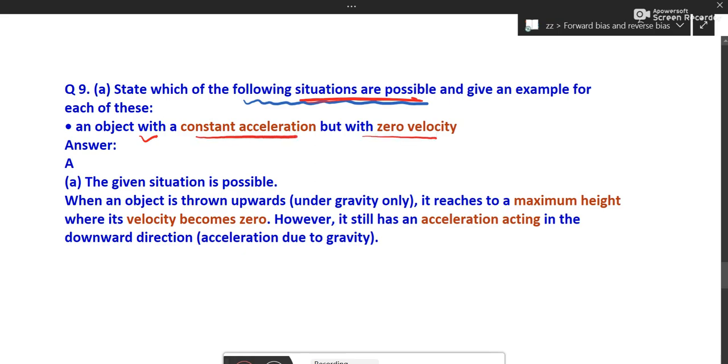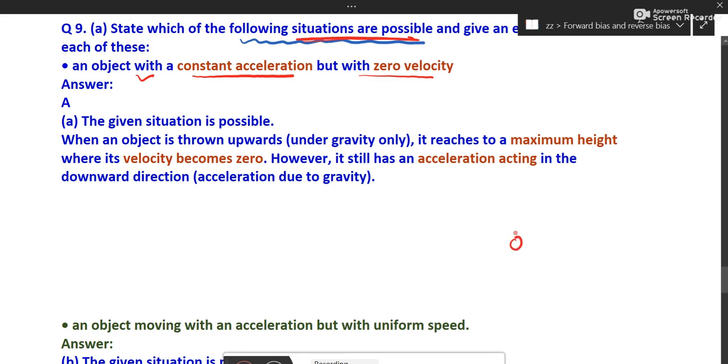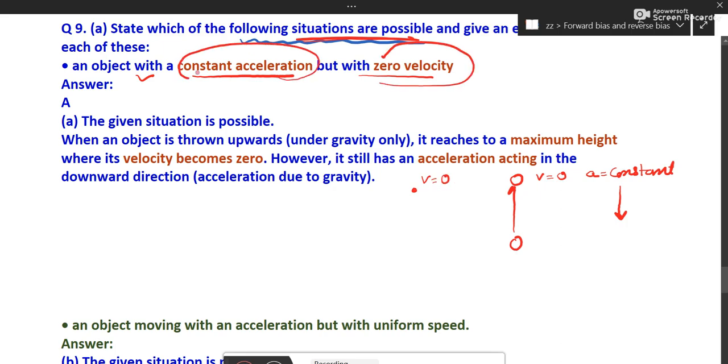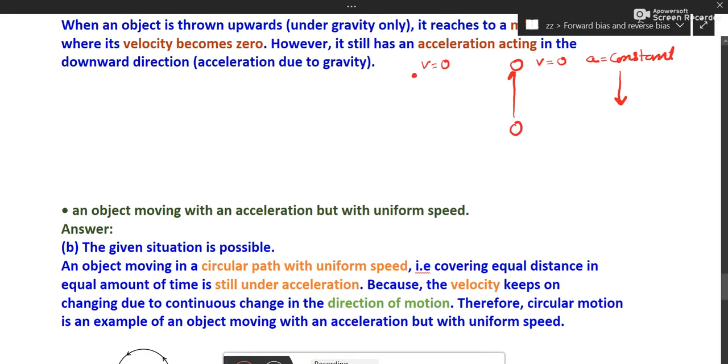So yes, when we throw an object up, it reaches maximum height, it stops, velocity is 0. But acceleration is constant. That acceleration is due to earth, which is called acceleration due to gravity. So at the highest point, for a moment, velocity is 0, but acceleration is constant. So this is a situation which is possible.